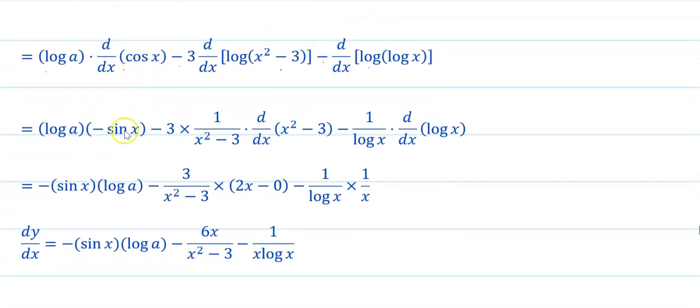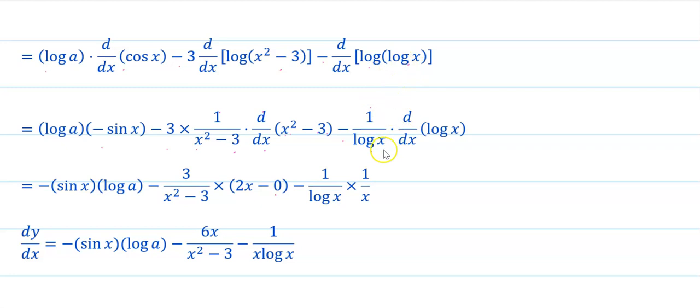What is the derivative of cos x? It has a minus sign: minus sin x. Minus 3. What about the derivative of log of (x square minus 3)? 1 upon (x square minus 3) into d/dx of (x square minus 3). The derivative of x square is 2x, the derivative of 3 is 0. Minus, what about the derivative of log of log x?